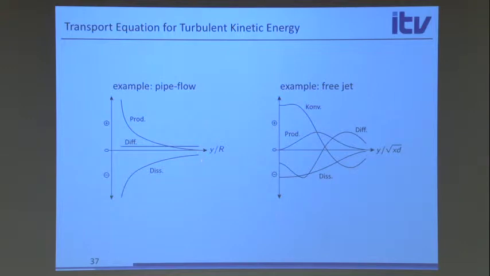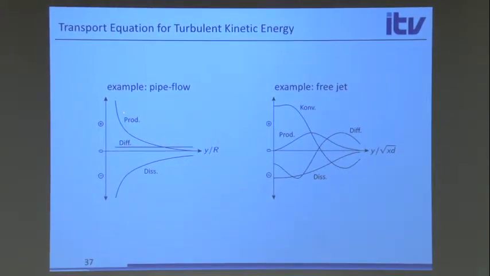This here is the wall, I guess. And that's for a pipe flow. The point is, in a pipe flow, on the center line, production is small, not zero. This here must be the wall.